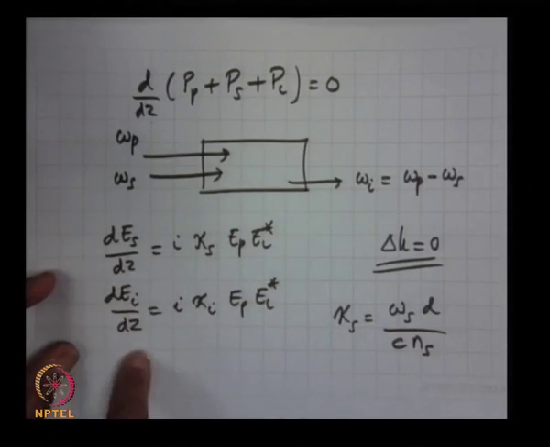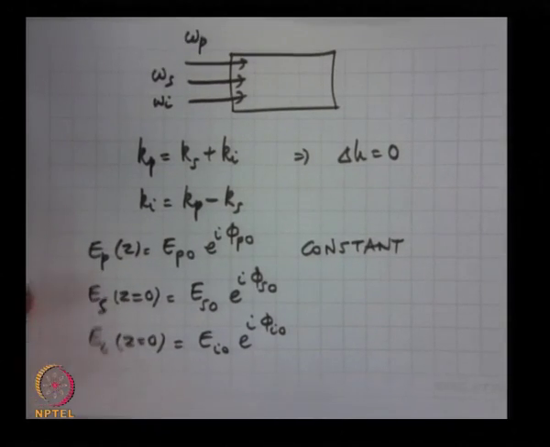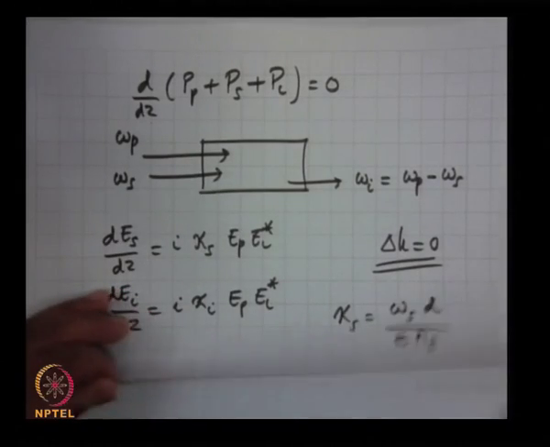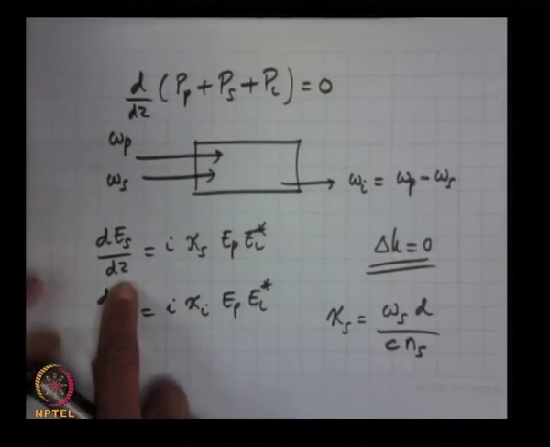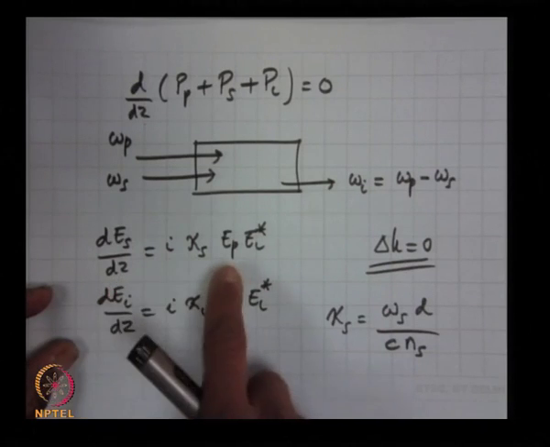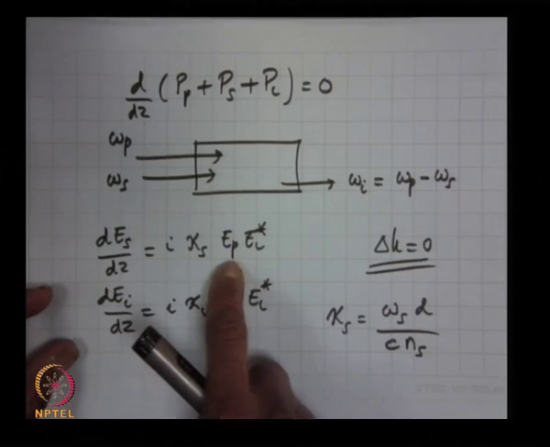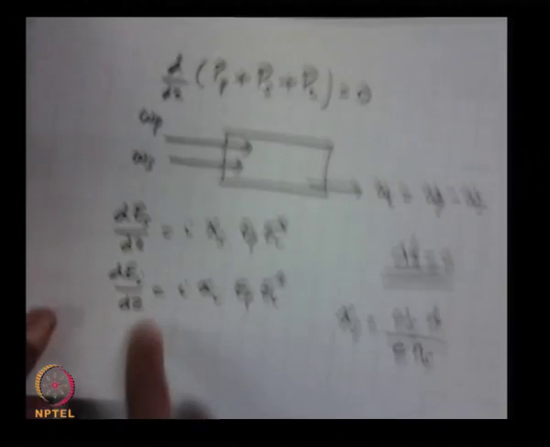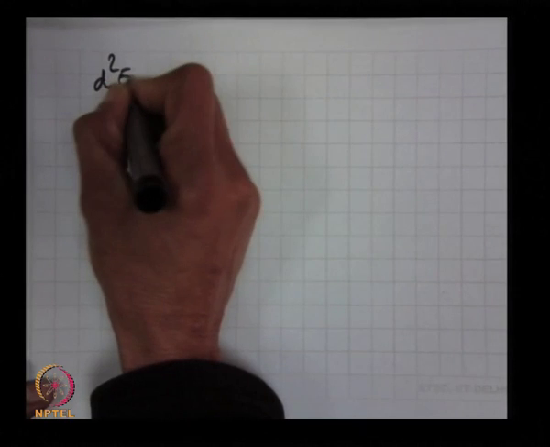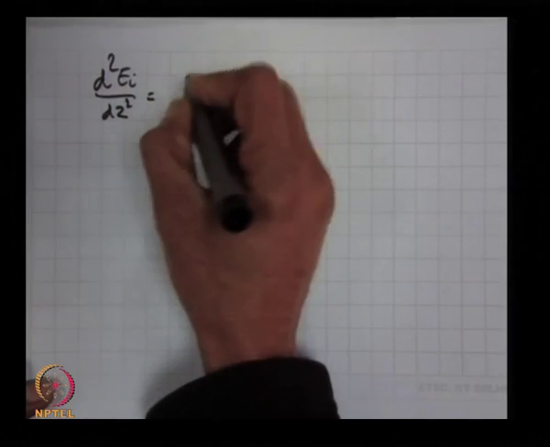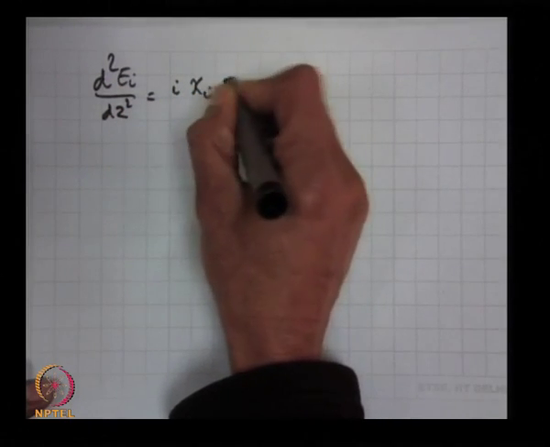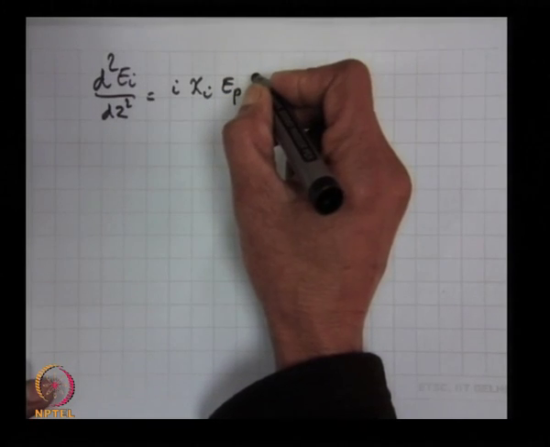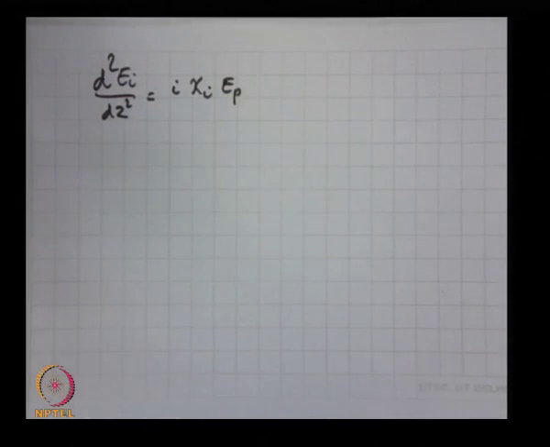I need to solve again this pair of equations with the boundary condition that this is satisfied. So now remember, we had derived this equation last time. We differentiate this equation with respect to Z, assume EP is a constant, and use the second equation. So I differentiate the second equation, and I get d square EI by dz square is equal to i kappa I EP. Sorry, there is an ES star here, I'm sorry, there's a mistake here.